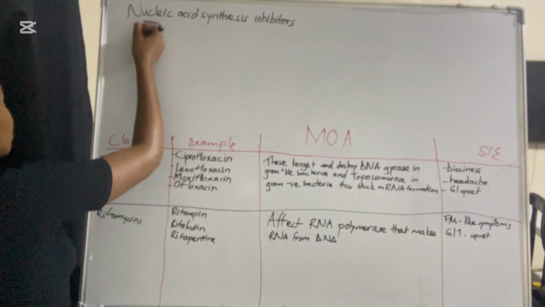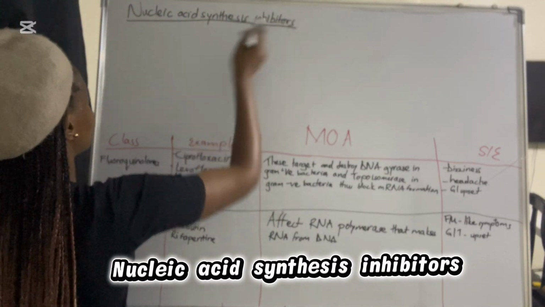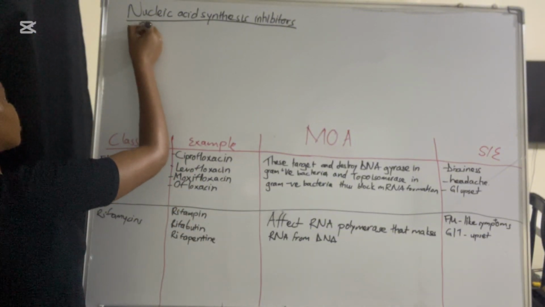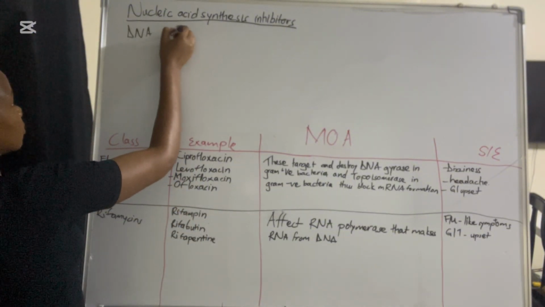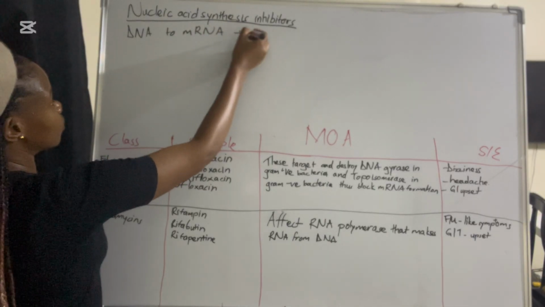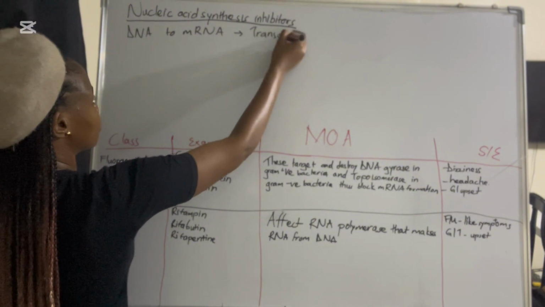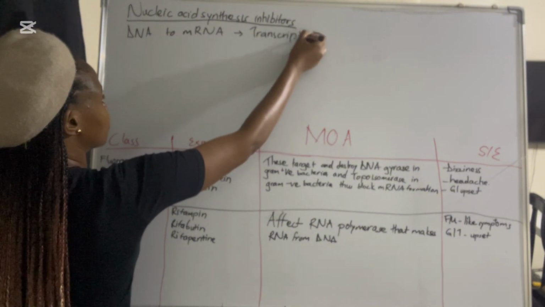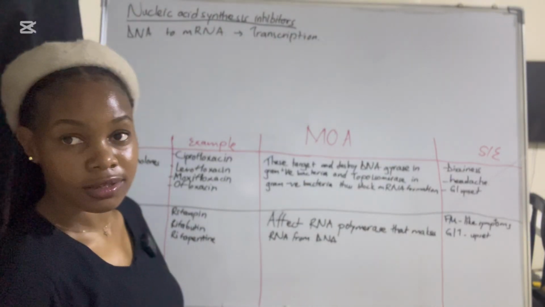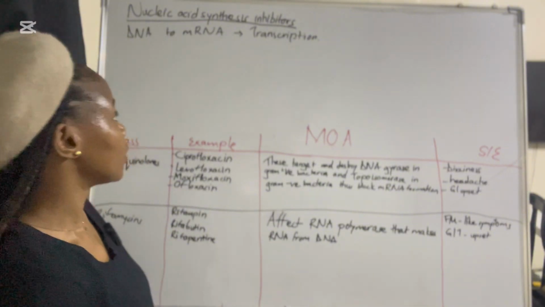So our next class of drugs is going to be nucleic acid synthesis inhibitors, and it is all about converting DNA to messenger RNA, which we also call transcription. Transcription is converting DNA to messenger RNA. How does it happen?